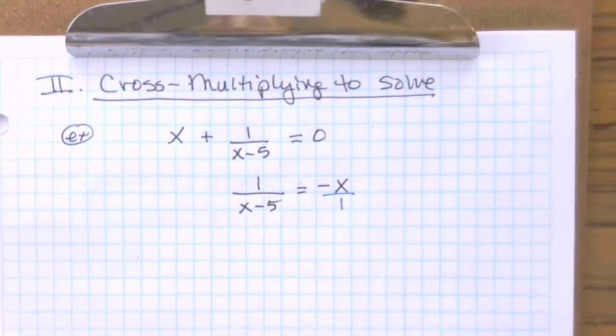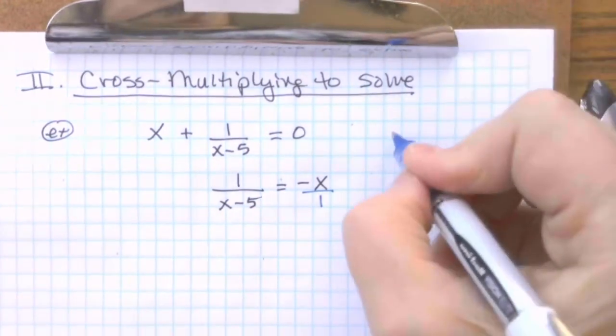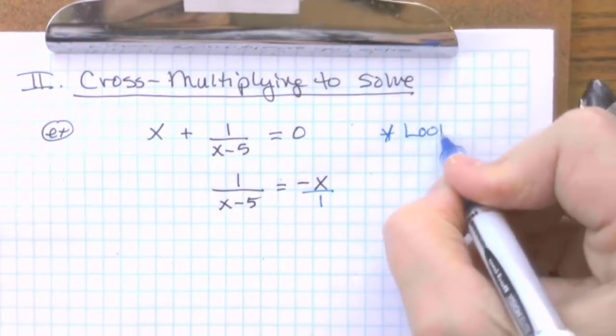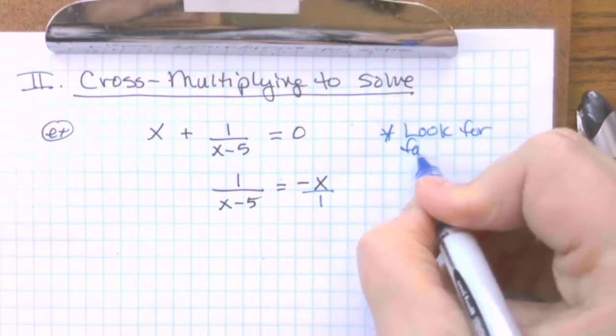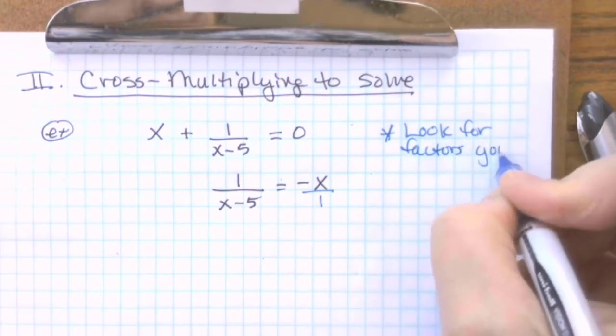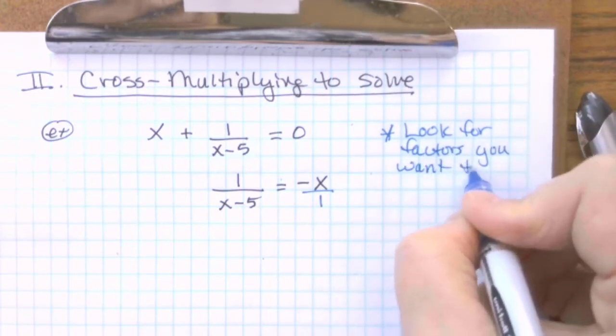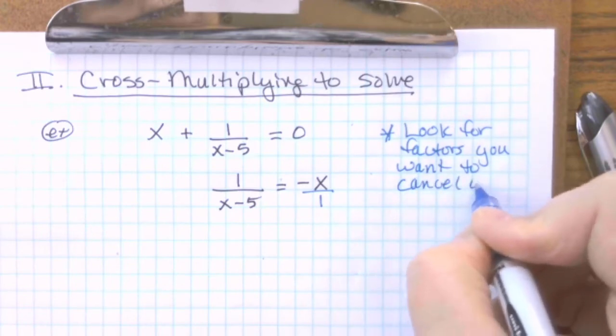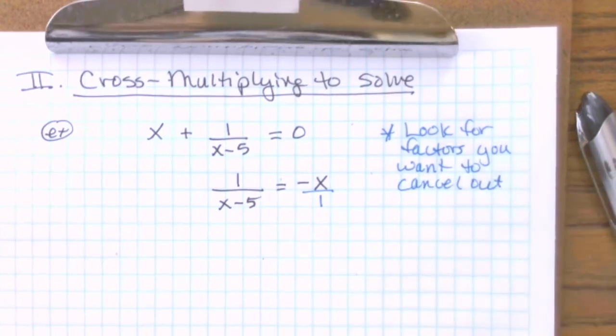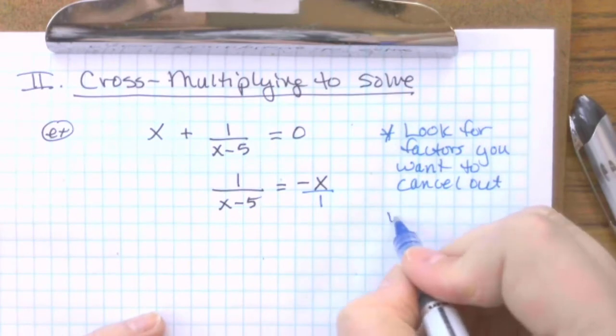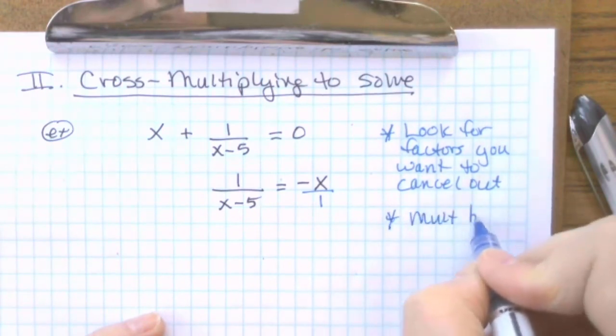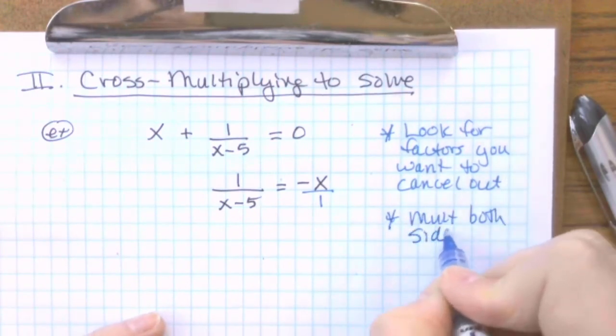And I'm going to put the x over its invisible 1 to help you out. So basically, when you cross multiply to solve, you look for factors you want to cancel out. And then you multiply both sides.